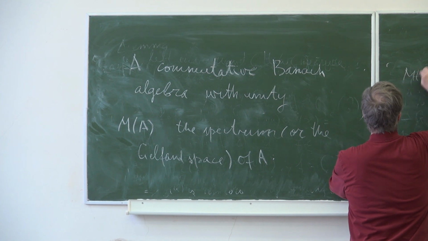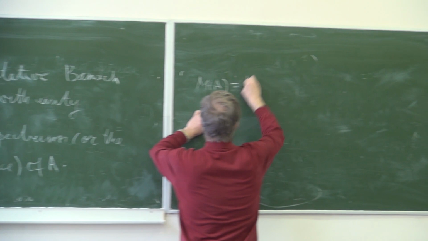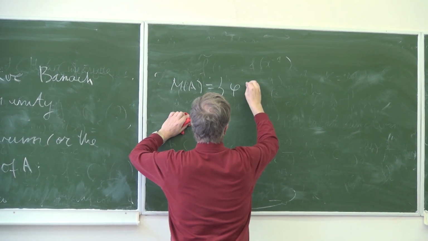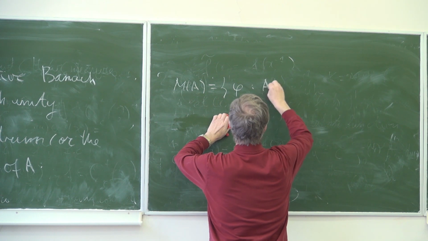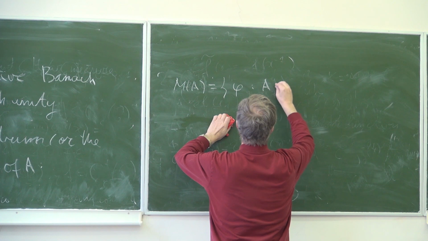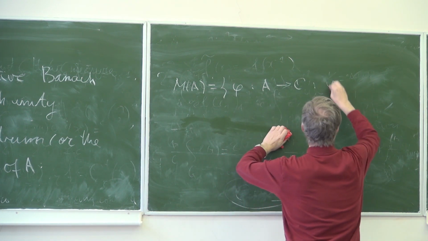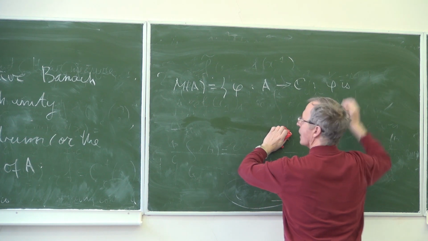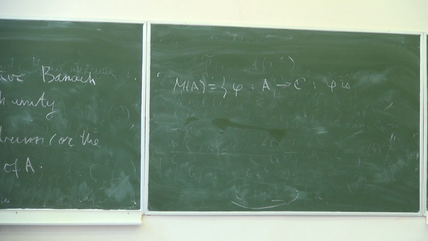It is the set of all non-zero multiplicative complex functionals on A. And I also assume that A has a unity.